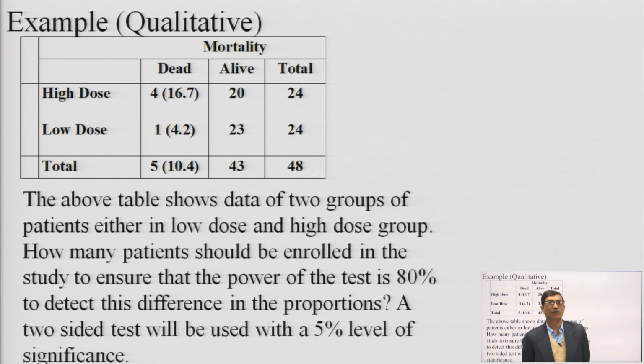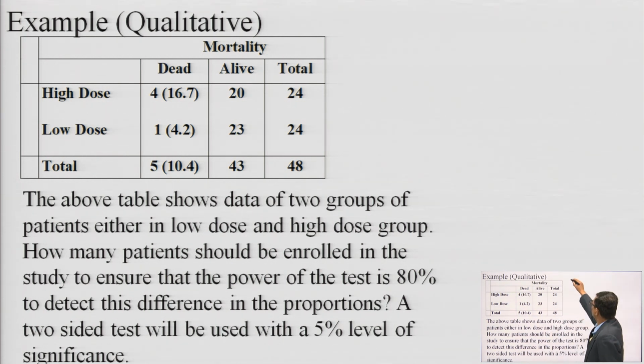So, first we calculate the proportion of the high dose group and the proportion of the low dose group. For example, we take P1 for the high dose group, and P1 will be equal to 4 upon 24 into 100.